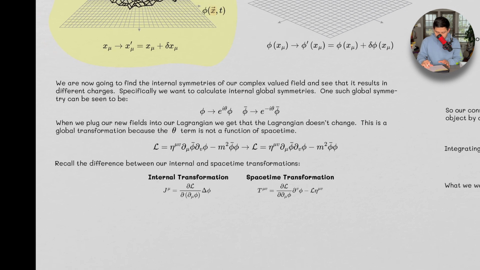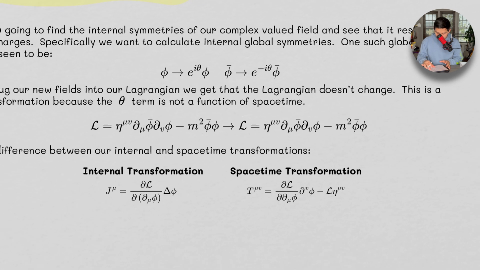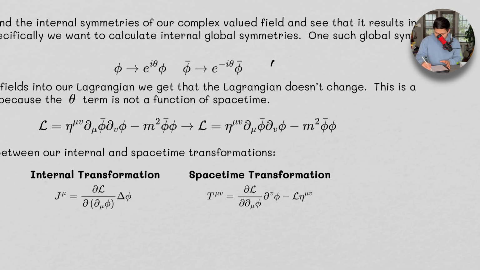So when we do this transformation on our Lagrangian, what ends up happening is that because this is global, i.e., when we say global, we mean that theta is not a function of x and t.